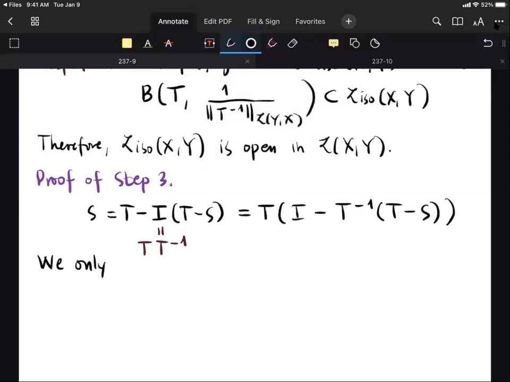Based on this, we only need to show that the second term is an isomorphism.